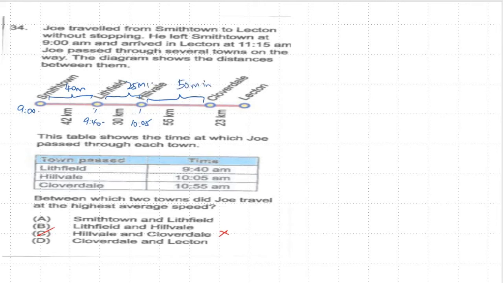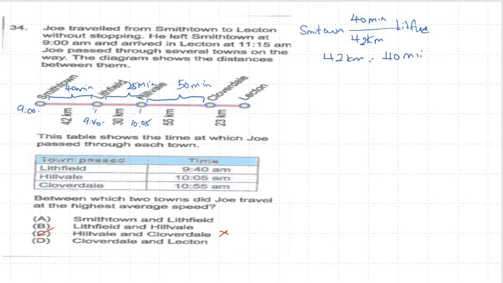Okay, so to prevent any confusion, my first thing is when I move from Smithtown to Lanford. Pardon my bad handwriting. It is 42 kilometers to reach, and I only took 40 minutes.